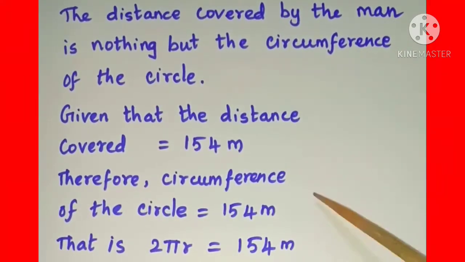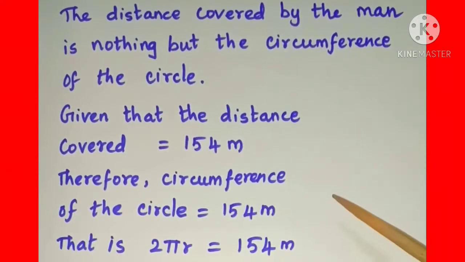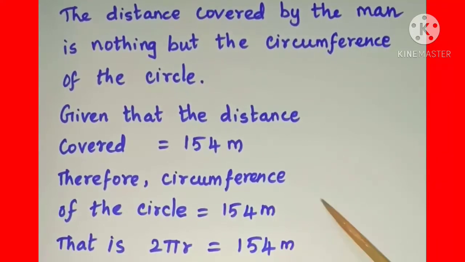So students, here we have to find the area of the circular park, isn't it? So we know that the area of the circle is pi r square units. So here what value do we need? The value of r, isn't it? But the value of r is not given in the problem. So instead, the circumference of the circular park is given.